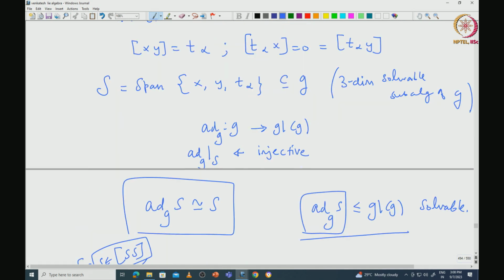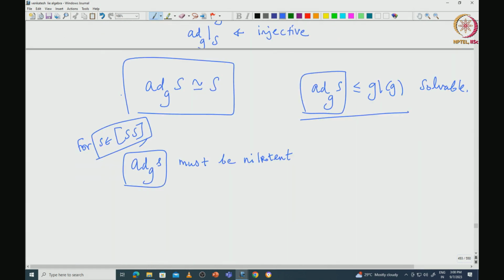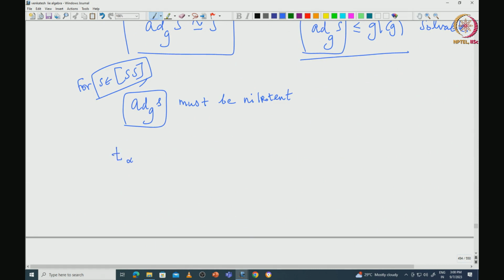But if we go back to the table, you can see that the bracket [x, y] is T alpha. So, that means this T alpha is actually inside your derived algebra [S, S]. So, that means ad of T alpha is actually nilpotent.